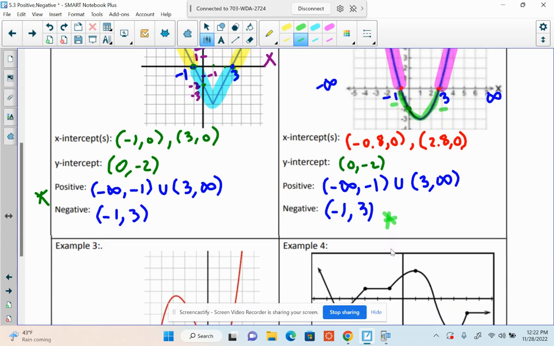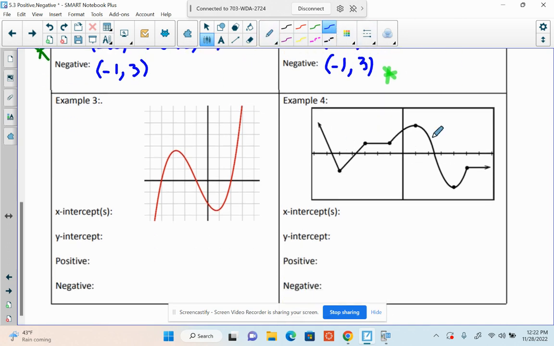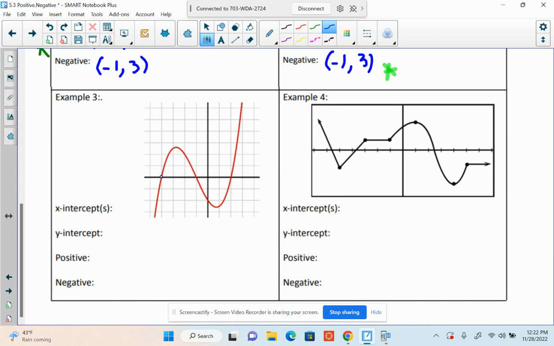Okay, let's go on to example 3. Get my pen back here. All right, x-intercepts. Oh, I've got a lot of them. I've got 3 of them. I've got 1, 2, 3, 4. So we've got -4. We've got -1. And we've got 2. All right, so we will put those down.